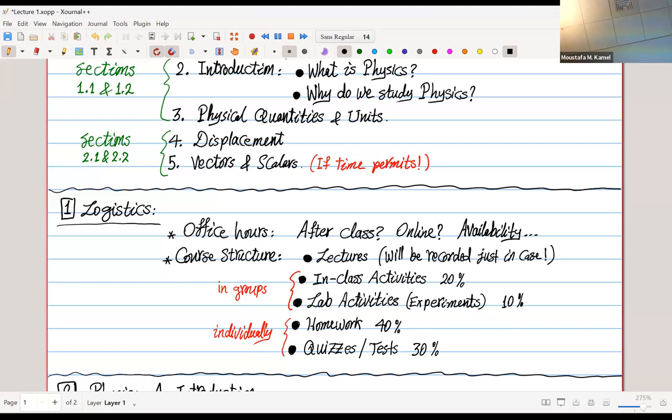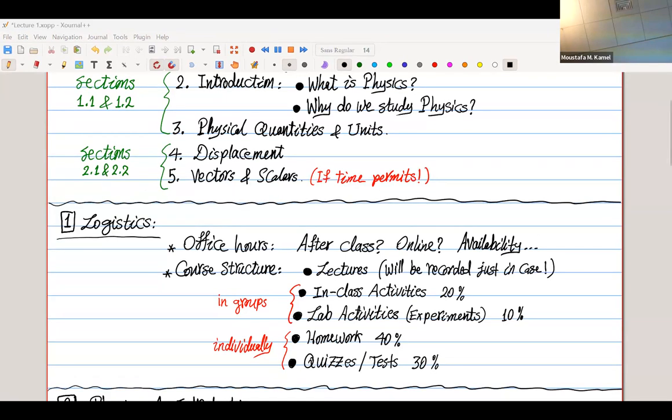Once the homework is released, of course, you will not be able to solve all of it at once because we will not have covered all the content. For example, today we will cover displacement, vectors, scalars, and physical quantities. I already wrote the homework, but I haven't uploaded it yet.